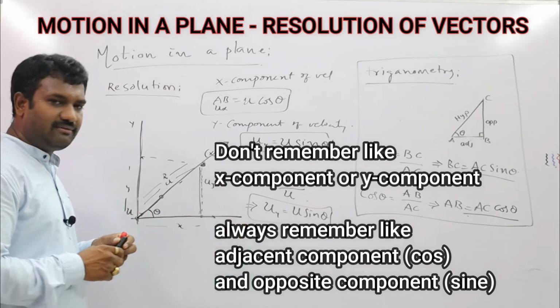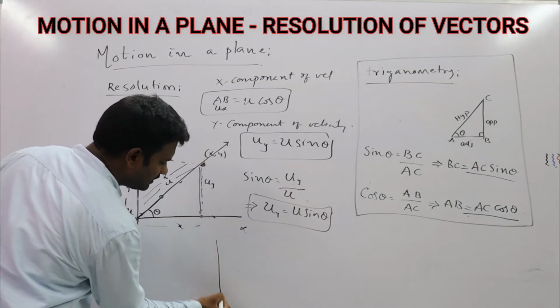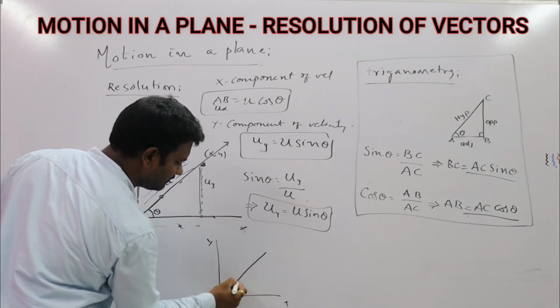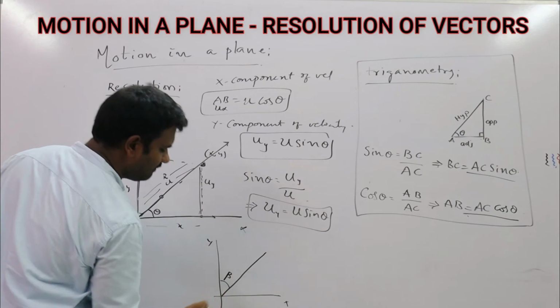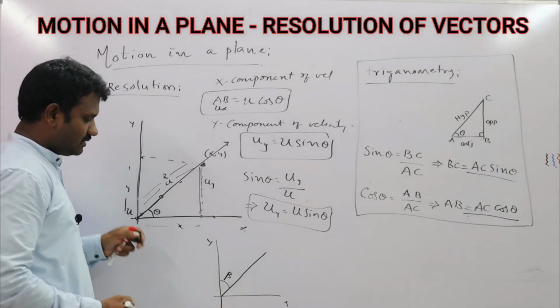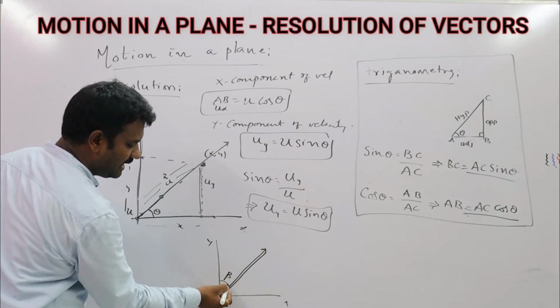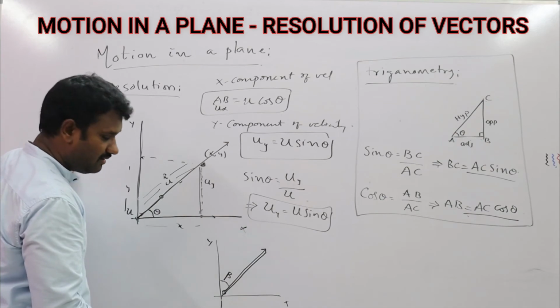I am giving you one small work. Do it. This is our xy plane. These are the x-axis and the y-axis. This is beta. An object is thrown like this, making an angle beta with the vertical.